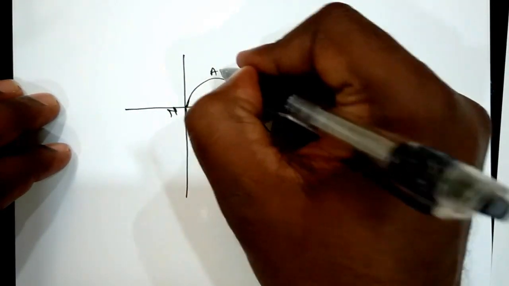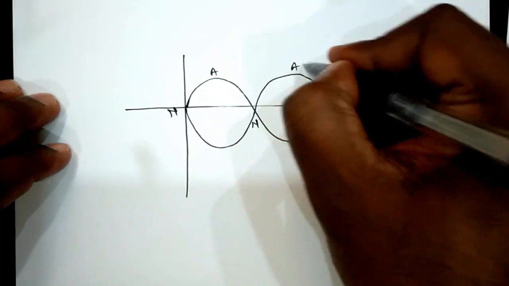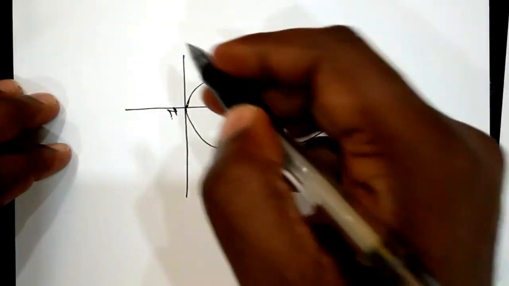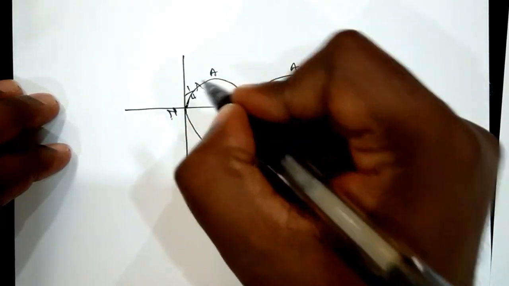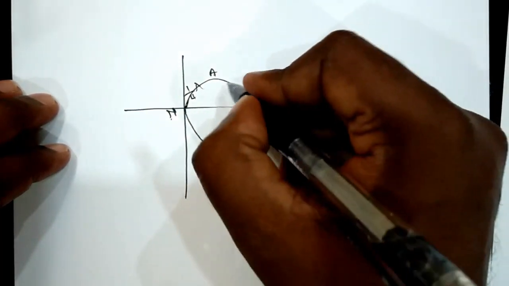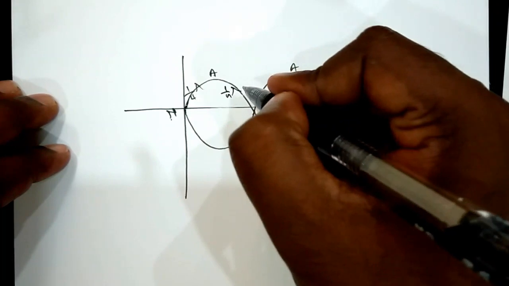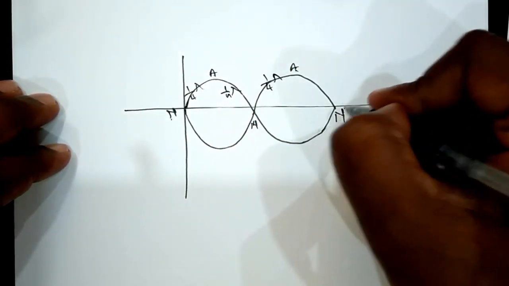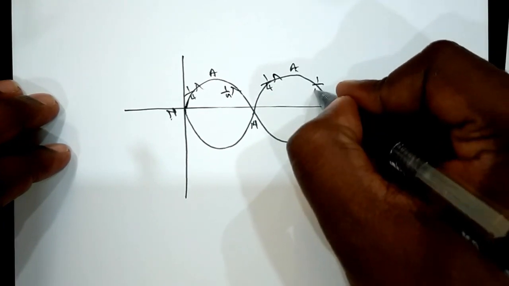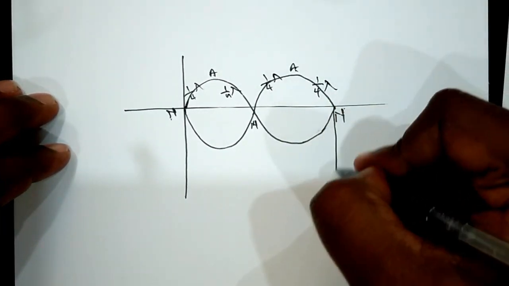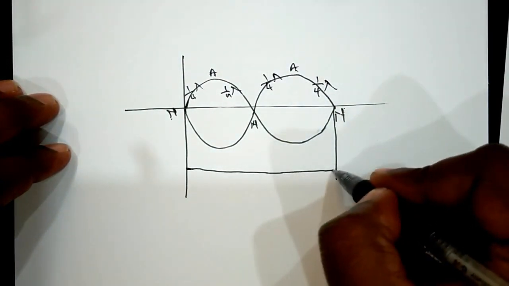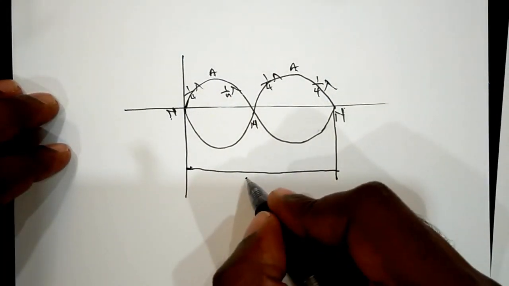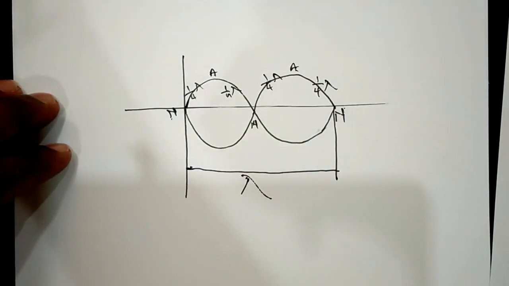Node to antinode is quarter wavelength. Antinode to node is quarter wavelength. Node to antinode, quarter wavelength, and finally another quarter wavelength will give you 1 lambda.